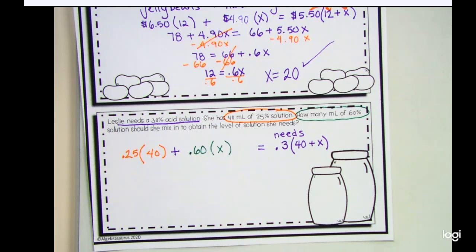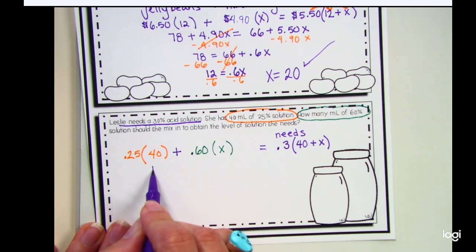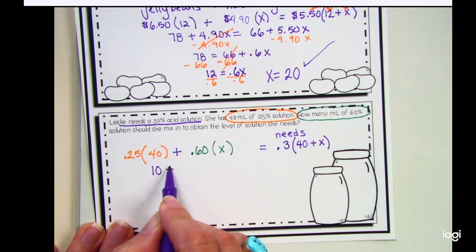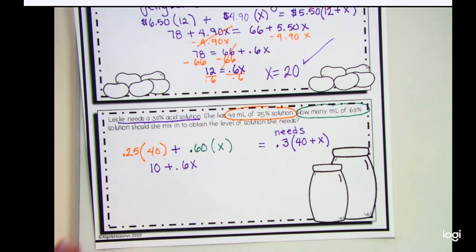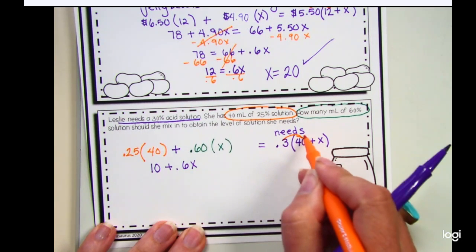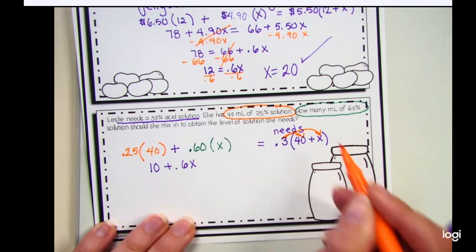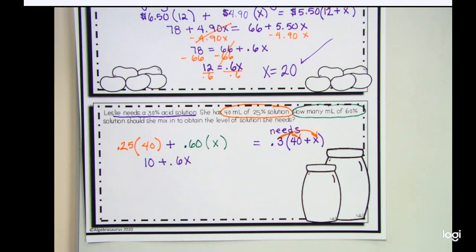Grab your calculator. One quarter of 40 is 10 plus 0.60x. We are going to distribute.